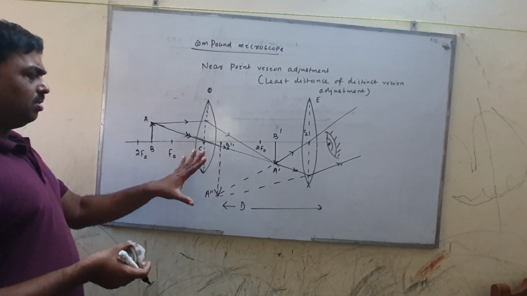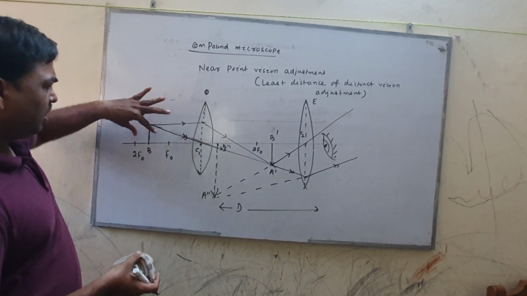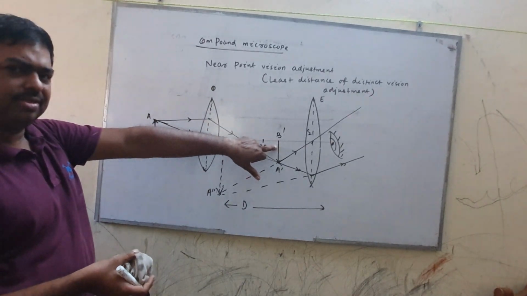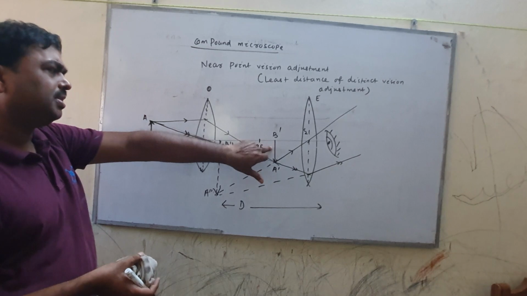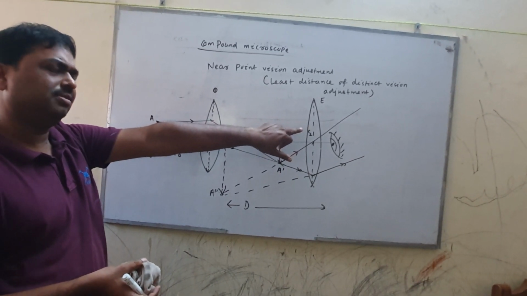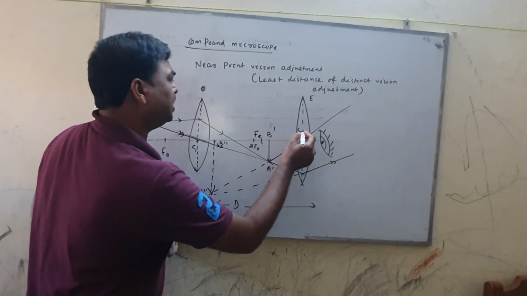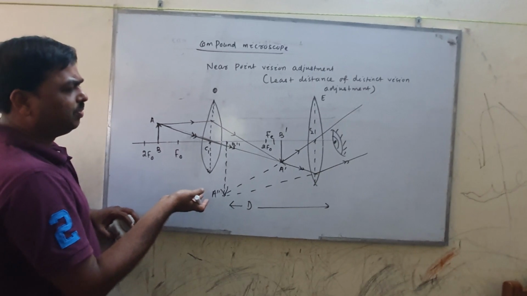What is the construction then? Object AB is adjusted between Fo and 2Fo. The image A dash B dash is real and inverted, beyond 2Fo. Now this image acts as a virtual object for the eye lens, and it is adjusted between Fe and the optical center of the eye lens. The final image is formed at near point, which is at D.